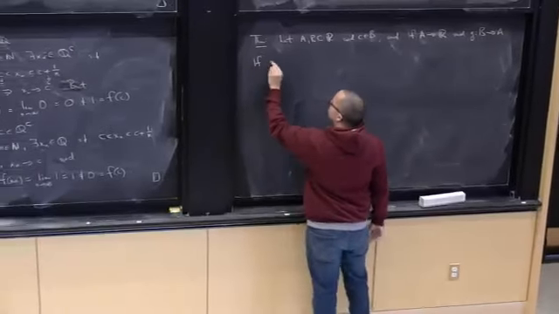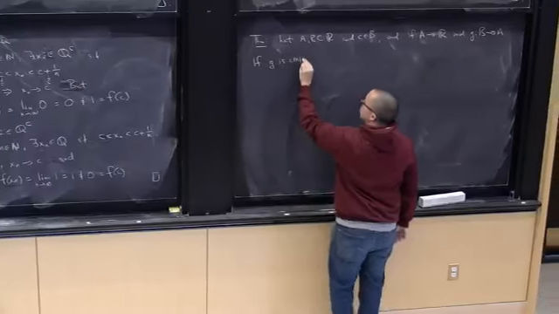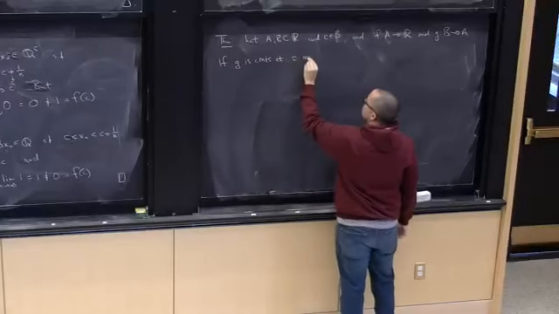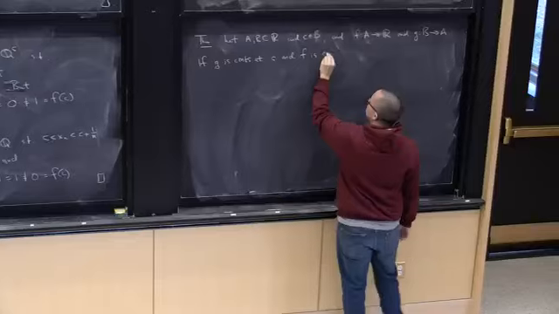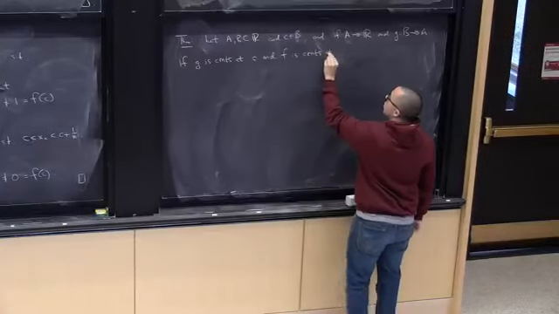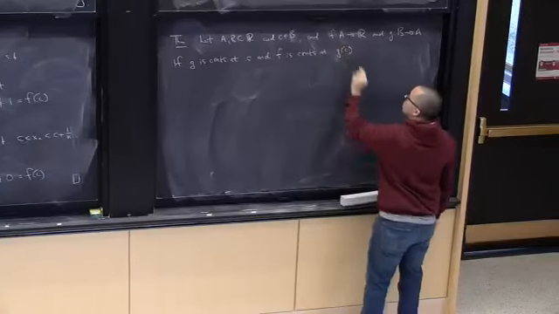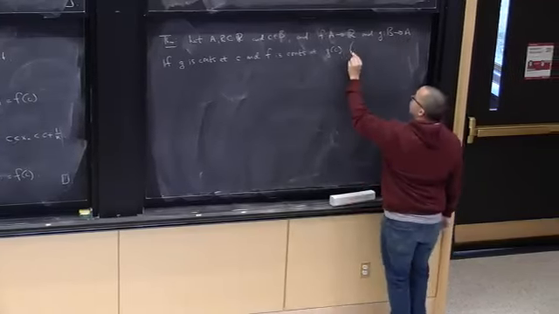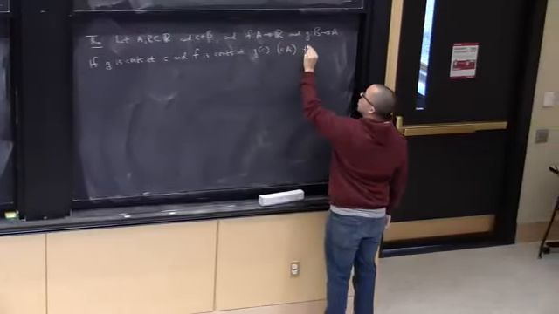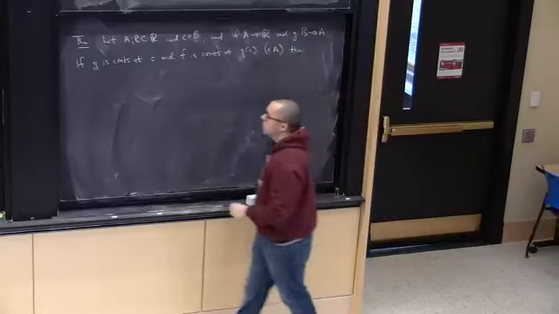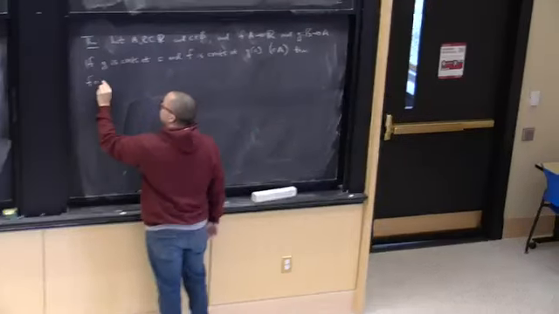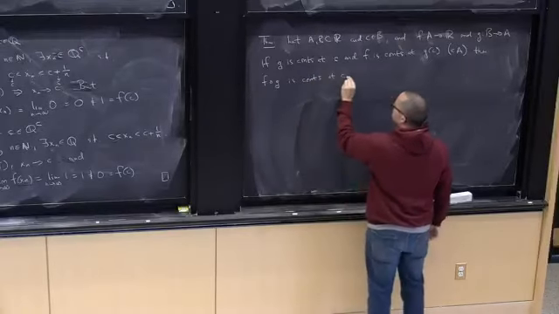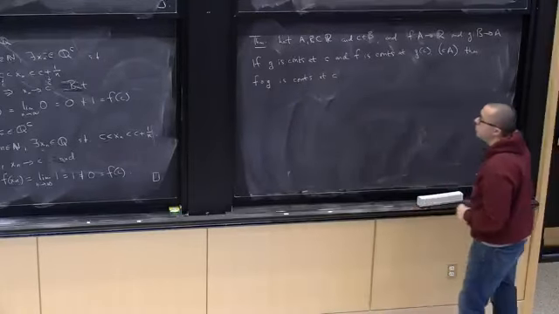So if g is continuous at C, and f is continuous at the point g of C, which is, remember, an element of A, then the composition f of g is continuous at C. Okay?